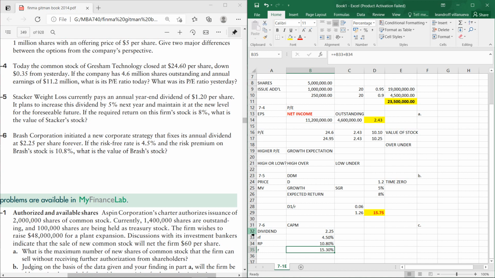And how can we know? Anong sabi? Initiated a new corporate annual dividend forever, per share. Anong model ito? Kung forever, pag sa math, ano yun? Yung model na infinite, ayan o, forever. O di ano lang gagawin natin?